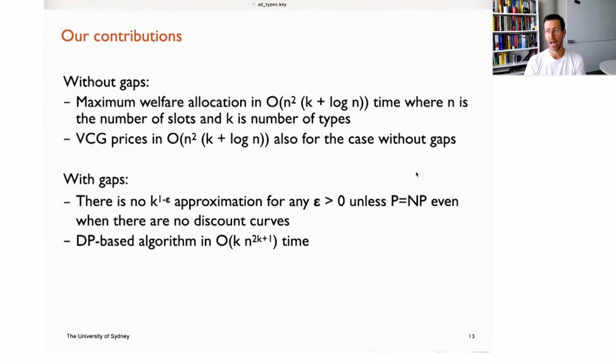You just have ad types, and there is a very complicated gap matrix, and k is part of the input too. So we have lots of ad types. And then we have a DP-based algorithm that runs in k to the n to the 2k plus 1.